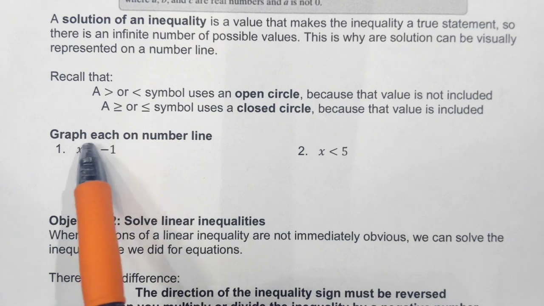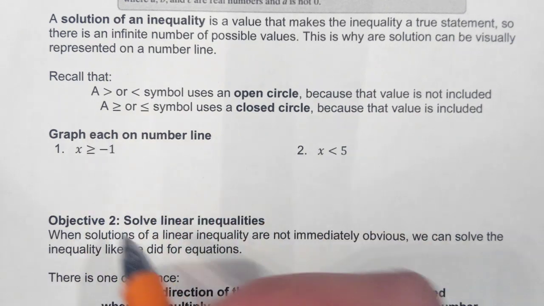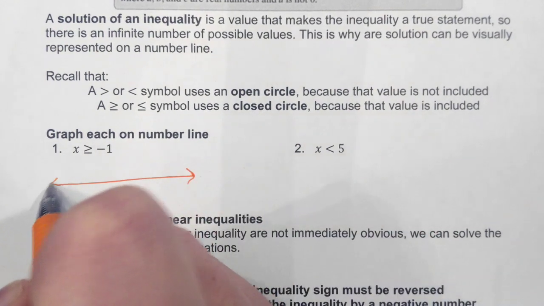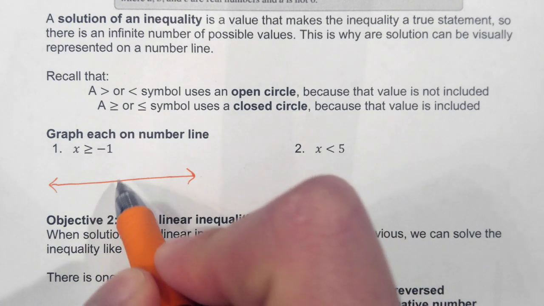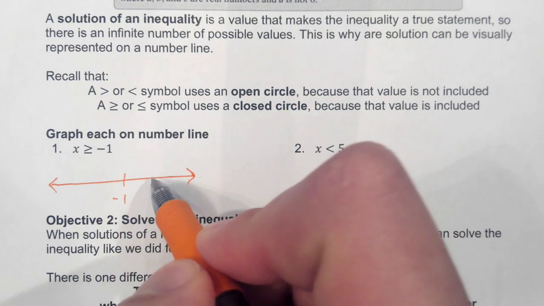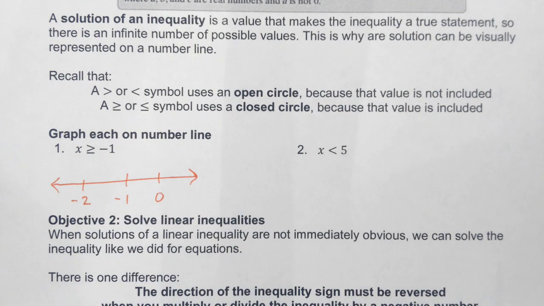Say you did a problem and you got your answer to be x is greater than or equal to negative 1. So you're supposed to graph this on a number line. I don't make the number lines too hard. All I do is I just make a line, and whatever value I get, I put that in the middle of my graph, and then I'll just put one value to the right and to the left of that number.